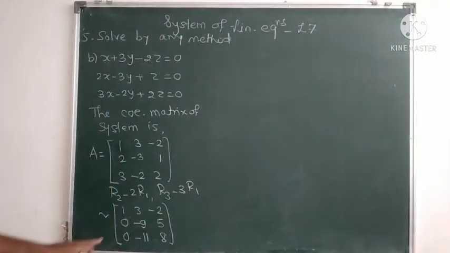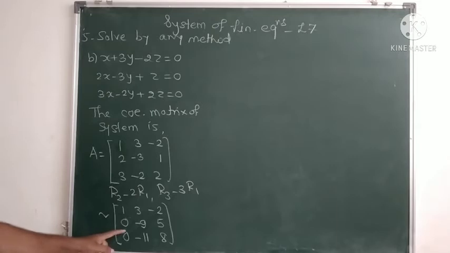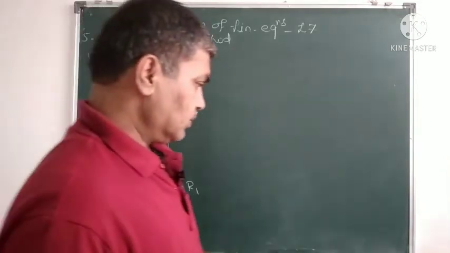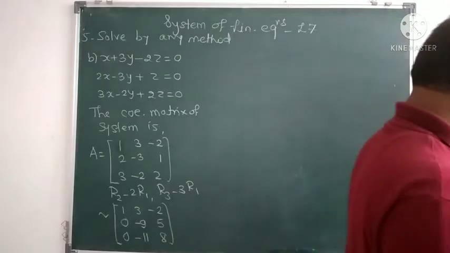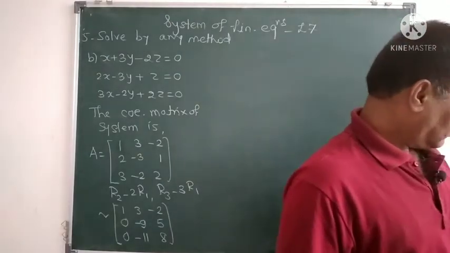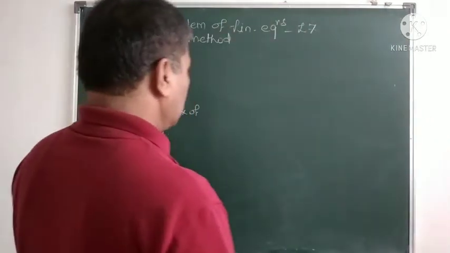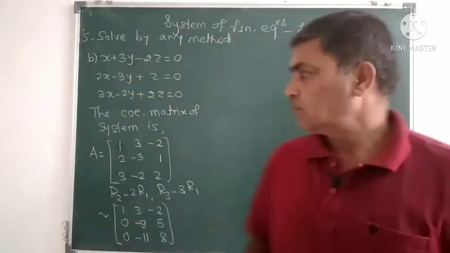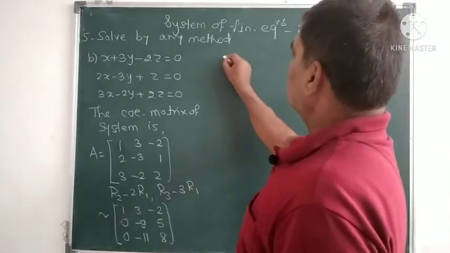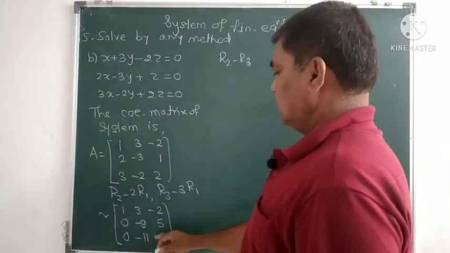Now we have to obtain 1 in this position. So what we will do here, we will apply the operation R2 minus R3. What does R2 minus R3 give us?